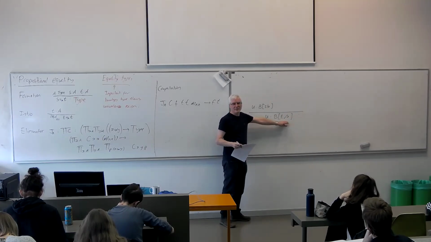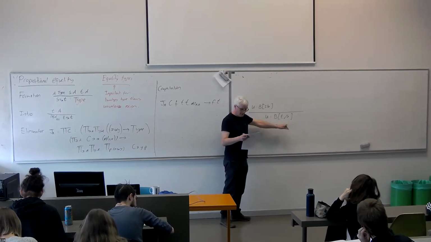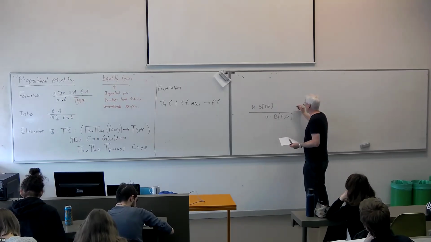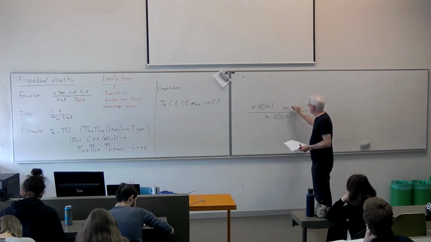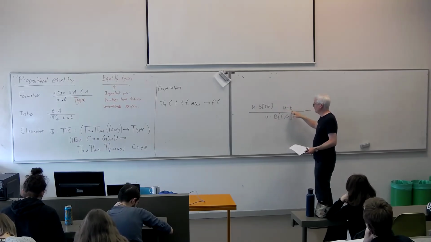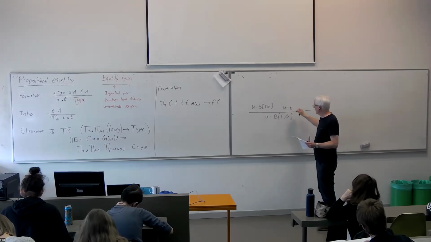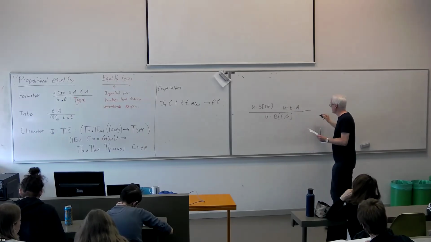And we can't do that in type theory with the rules we've got. We need a special rule for this, and for this we need a new judgment form to say that if S and T are equal in a very strong sense, judgmentally equal, then we have this rule. This is called the substitution rule.